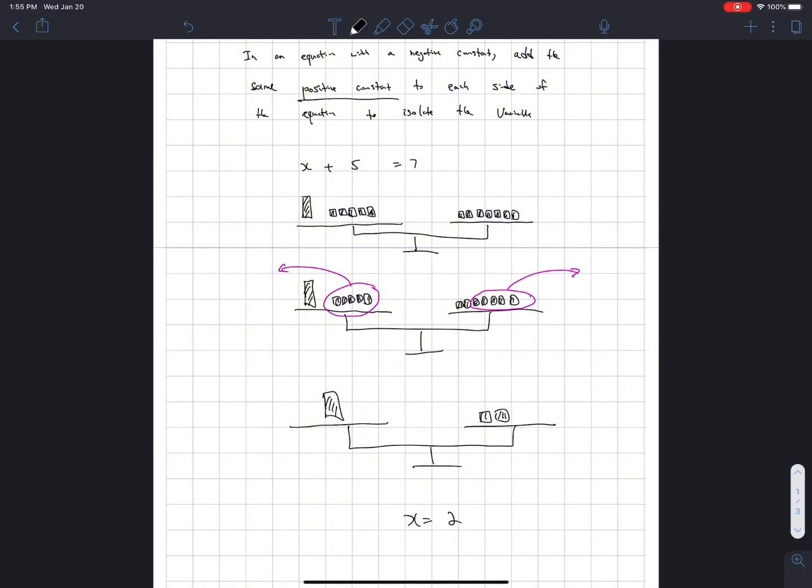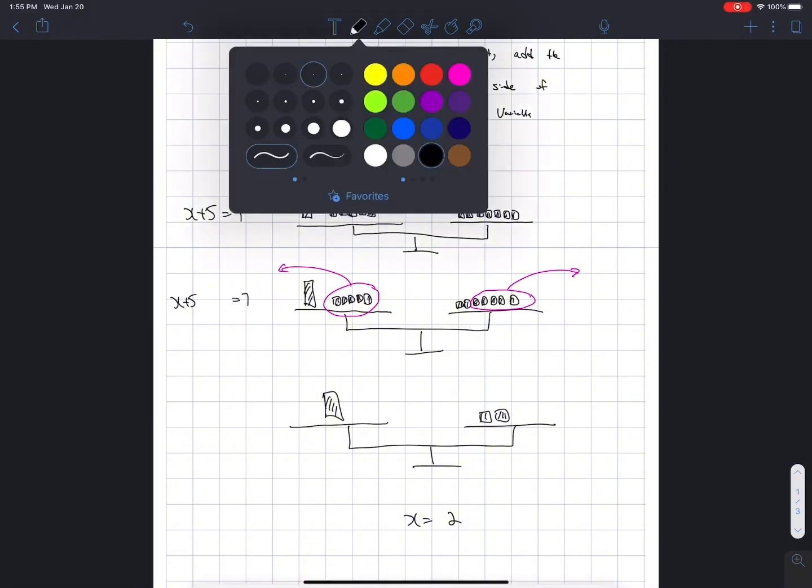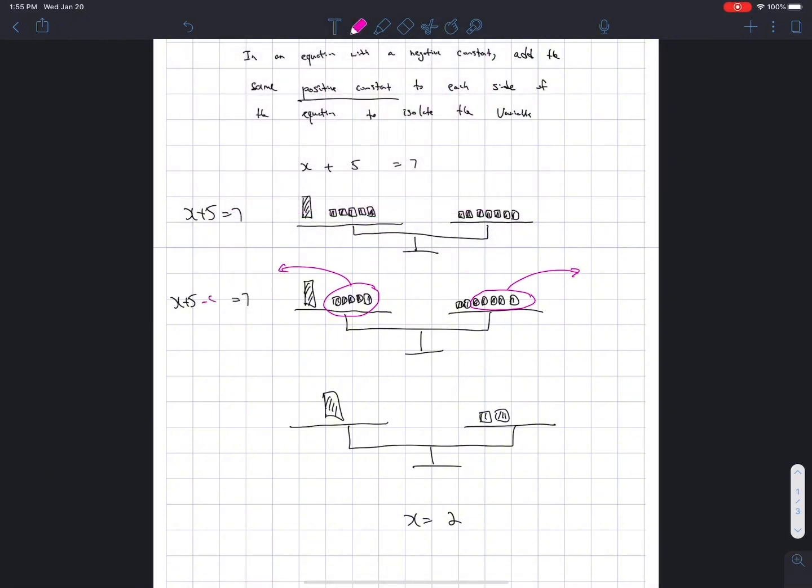If you think about this in an equation, this is x plus 5 equals 7. When you take away 5 on both sides, you are just subtracting 5 on both sides. So you do the opposite to whatever is here. So you can isolate x, so you can solve for x. You get x equals 2. Okay?